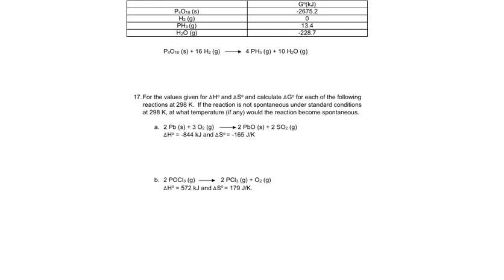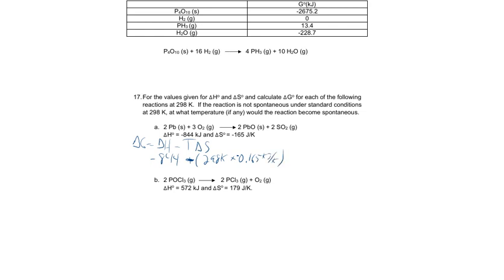So if I look here, again, we put in our delta G equals delta H minus T delta S. For this first one, it's negative 844 minus 298 K times, remember again to convert, negative 0.165 kilojoules per Kelvin.